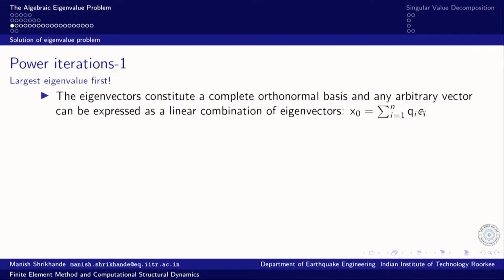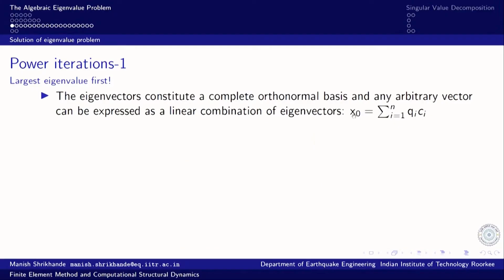So, any trial vector x 0 can be written as a linear combination of eigenvectors, let us say q i. So, q 1 c 1 plus q 2 c 2 plus q 3 c 3 etcetera, and that will be the expansion of x 0. c 1, c 2, c 3, these are the generalized coordinates which need to be determined for a given x 0 and for a given set of orthogonal vectors q 1, q 2, q 3 etcetera.